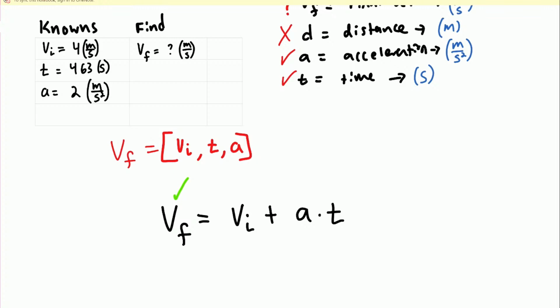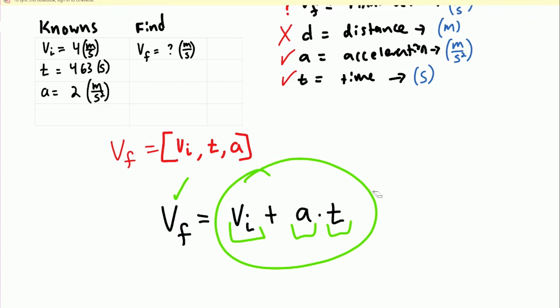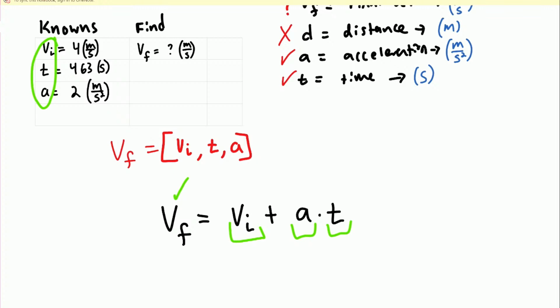On the right side, I want to make sure that v sub i, a, and t, all the variables on the right side of this equation, are located in my knowns box. If I have a variable that's not in my knowns box, I cannot solve the problem. So, do I have v sub i? Yes, I do. Do I have t? Yep. And do I have a? Yes. So I get check marks on both sides of the equation. This equation will work.